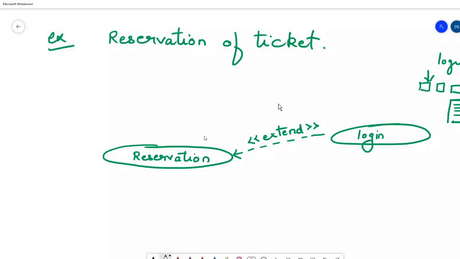That means from this base class, this main class, you are deriving a sub class or sub use case, you can say. So we are deriving it from the reservation that you can make login. Now we'll draw a diagram so that it becomes more clear for us.